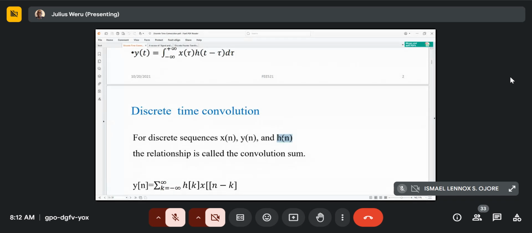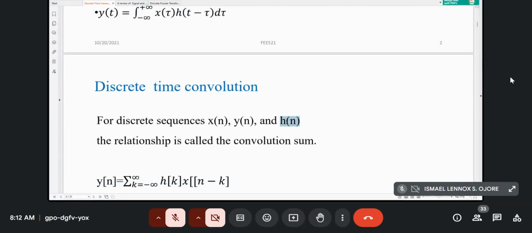So usually, if you put in a system one pulse, the output will not be one pulse. It will be a sequence of time discrete deltas.